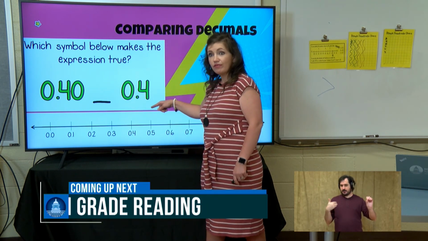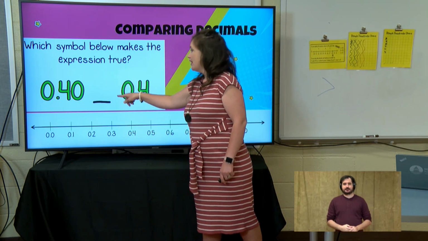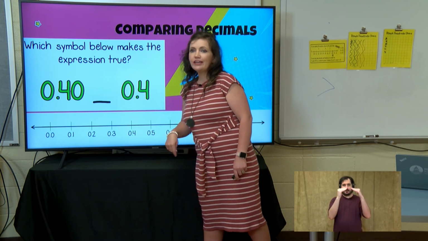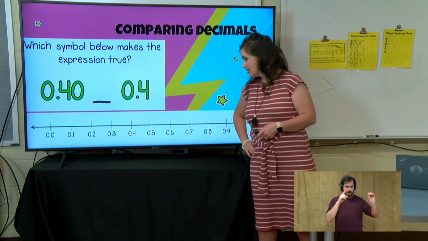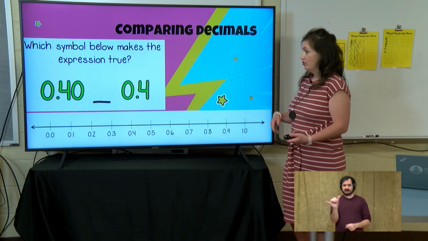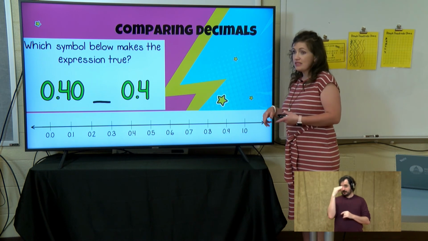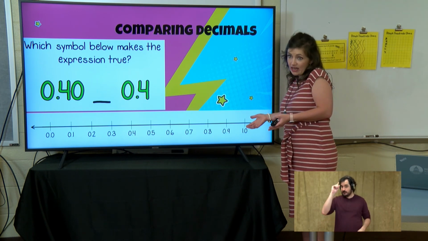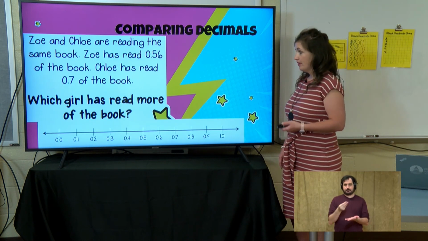Well, that's the same as 4/10. So what symbol fits there, guys? The equal symbol. We know that 40 hundredths equals 4/10. They're in the same exact spot on the number line. Also think about that money. 40 cents is the same amount of money as if you had 4 dimes, right? They have the same value.